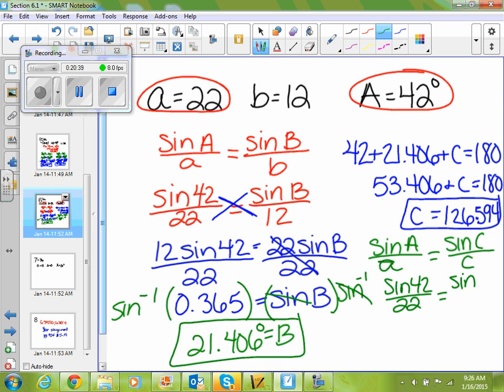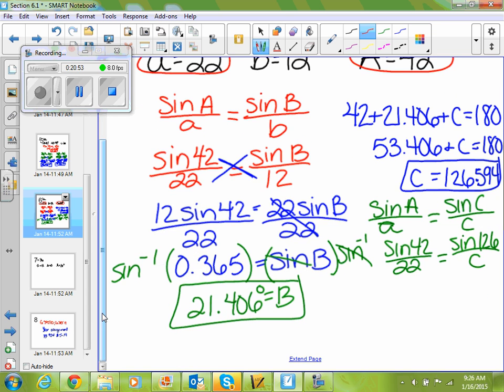Sine of C means sine of 126, approximately, divided by my side C. In cross multiplying, I end up with C sine of 42 equals 22 sine of 126.594.